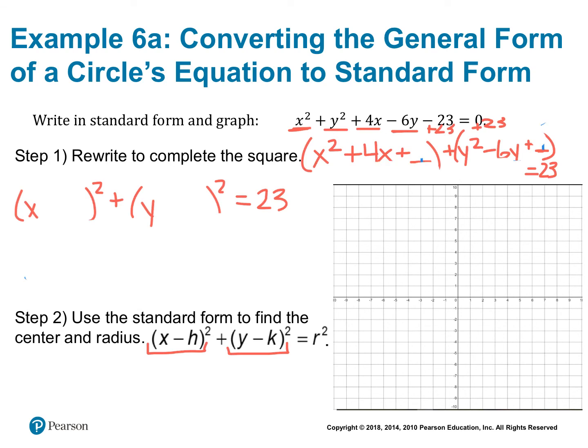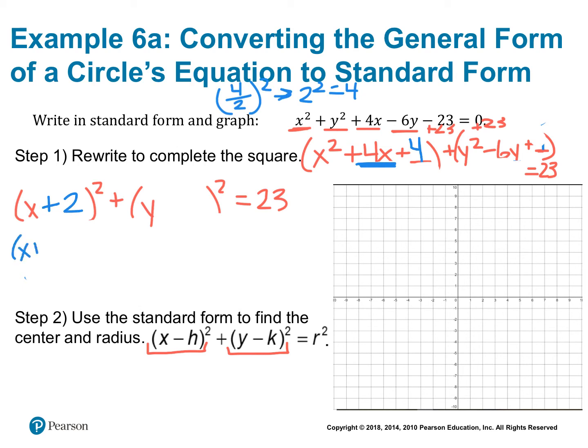So the trick here is to look at this middle number. If I take that middle number, divide it by 2, and square it, I'm going to find my third number. So that would be 2 squared is 4. So let's see why that works. This middle number, if I add 2 here, look what happens.